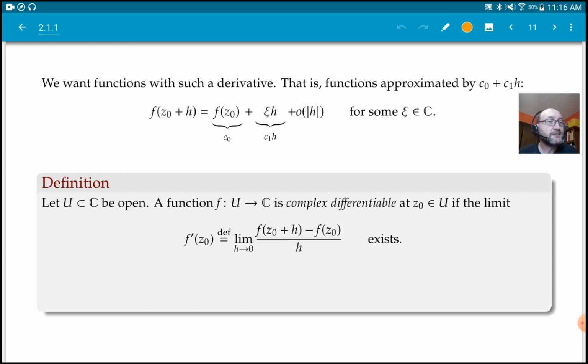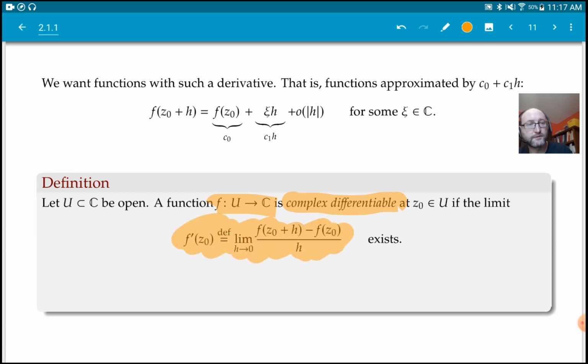So, well, let's just do this definition, right? A function f is going to be complex differentiable, not just differentiable, complex differentiable at z0 if this limit exists, right?